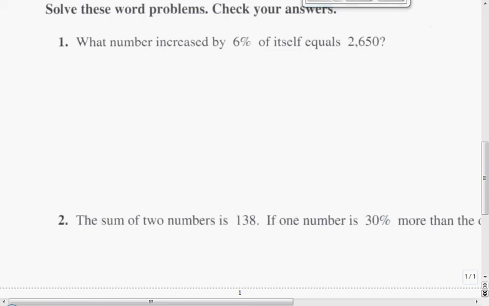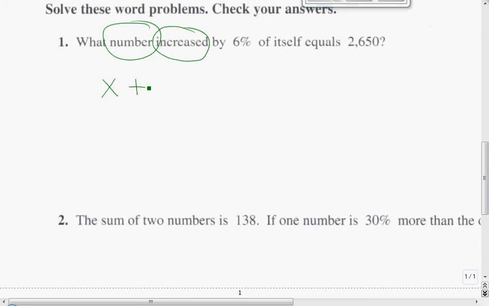Okay, with that said, let's see if we can solve problem number 1. One number increased by 6% of itself equals 2,650. So they're asking for a number, and since we don't know the number, we're going to call that number x because we don't know it. Whatever you don't know is always going to be x or y. And they're saying increased. That means plus.